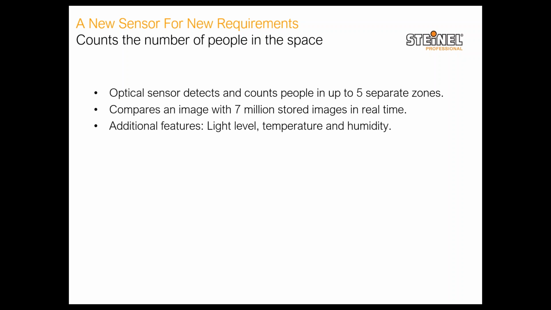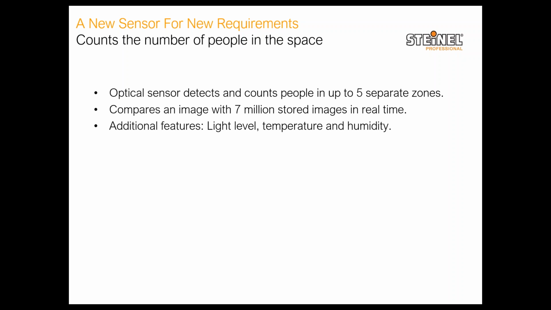It's kind of facial or human detection put into a very interesting application. Plus, you're getting some additional information that you won't get from your usual occupancy sensor, whether it's a PIR, dual tech or ultrasonic technology, which is the light level, temperature, and humidity.